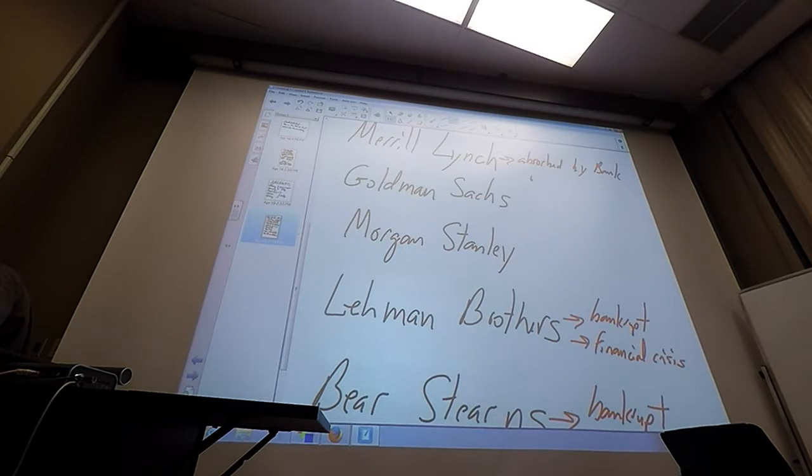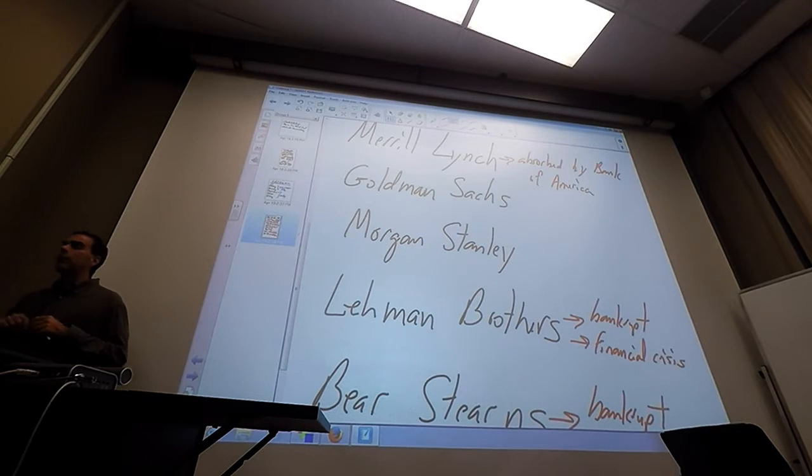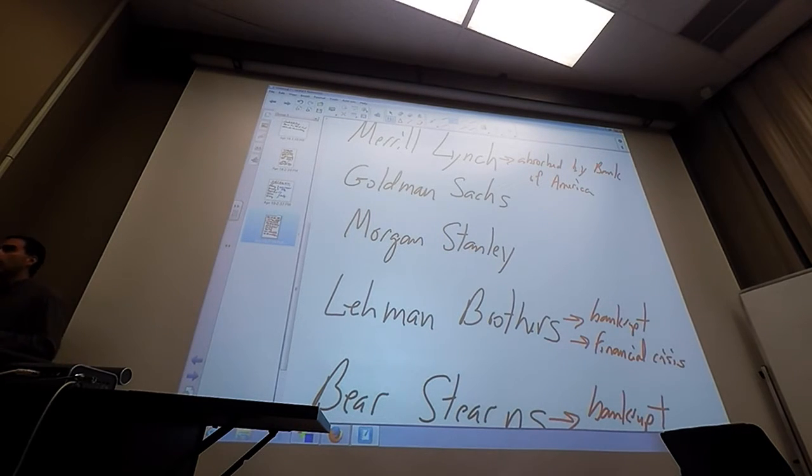So Bank of America had been a fairly small, boring North Carolina bank called Nations Bank, and then suddenly in the early 2000s it merged with a whole bunch of other banks and became this national giant bank, but they were still a giant commercial bank. But then by absorbing Merrill Lynch, which had been the largest investment bank pretty much in the world, Bank of America got a giant investment banking unit.